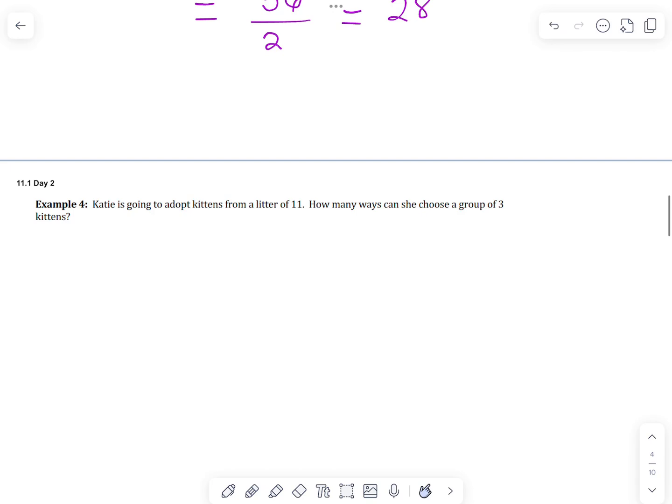Example 4. Katie is going to adopt kittens from a litter of 11. How many ways can she choose a group of 3 kittens? Again, the order does not matter. She's choosing them. So a lot of times when you see the word choose, think of that as a combination.